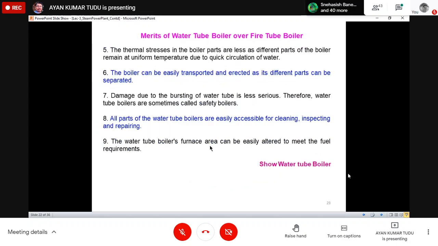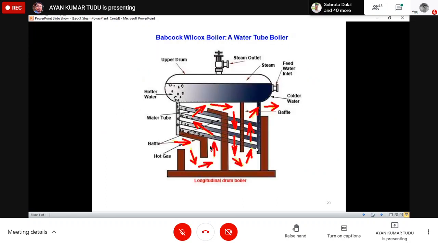Fifth point is that the thermal stresses in the boiler are less as different parts of the boiler remain at uniform temperature due to quick circulation of water. As you can see from the figure, because of quick circulation of water, the thermal stresses in the boiler parts are less as different parts remain at uniform temperature.